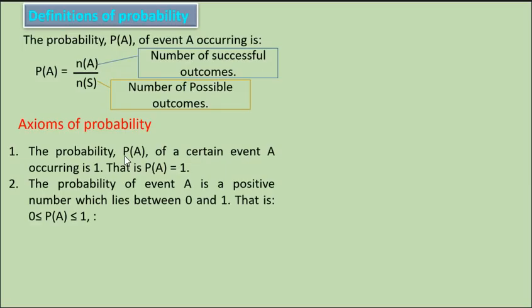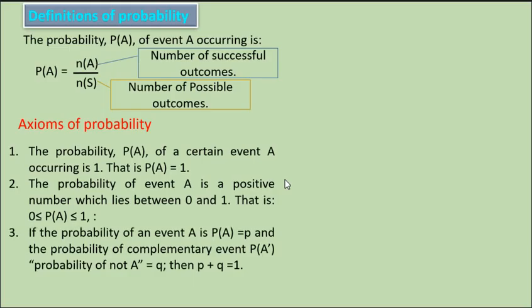It's a positive number, and that positive number lies within the range 0 and 1. It will not be less than 0 and it will not be greater than 1. A certain event is 1. An event that we know will not take place is 0. So therefore, the probability of an event should be a number that lies between 0 and 1. And then we say 0 is less than or equal to the probability of that event happening, and that probability is less than or equal to 1.